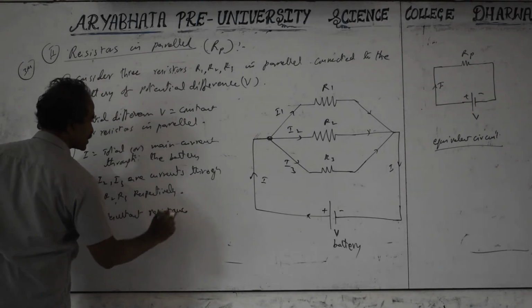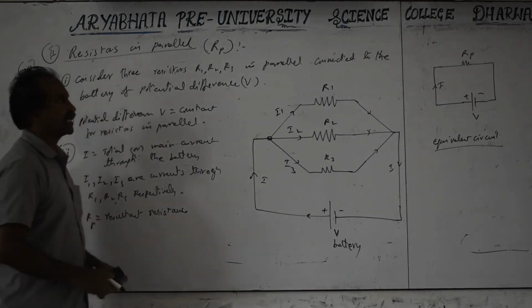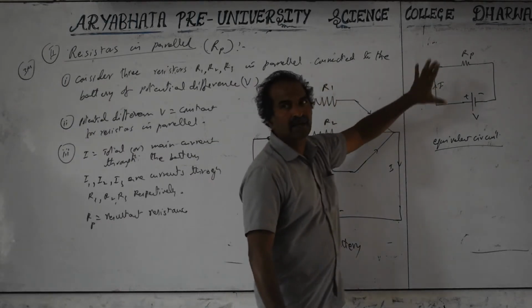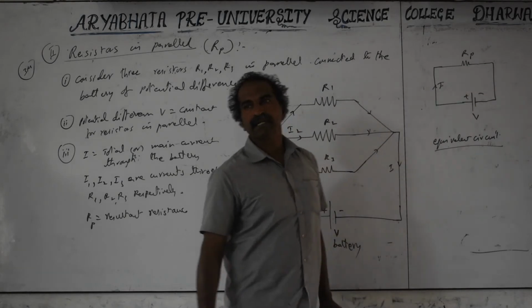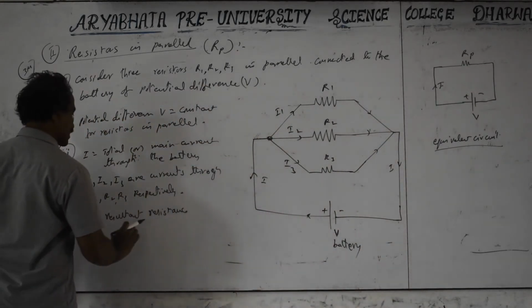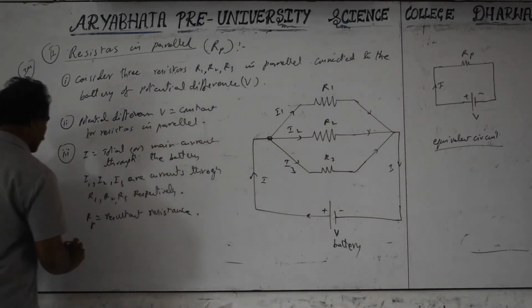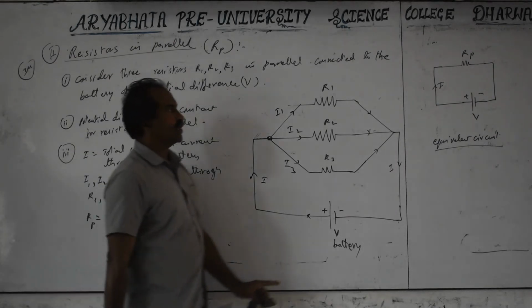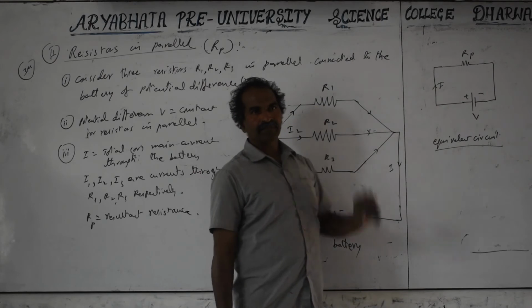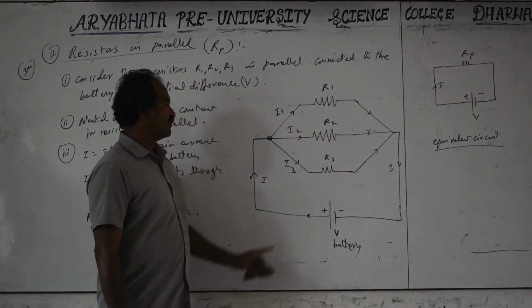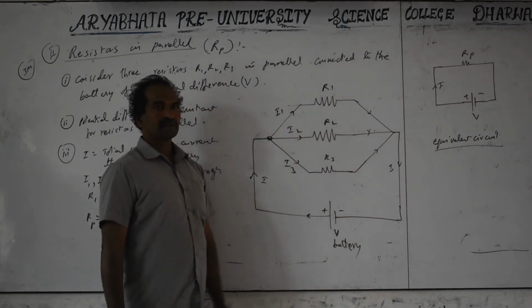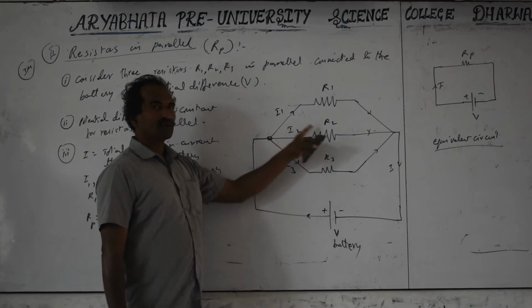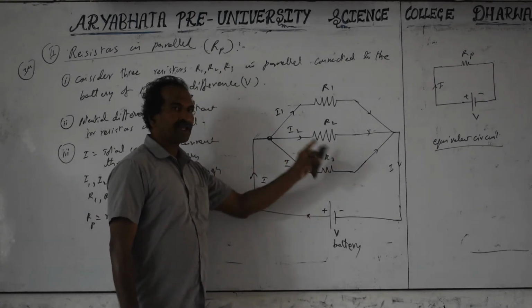What is equivalent resistance? It is a single resistance that is connected to the same battery providing the same current. It is called the equivalent or resultant resistance. Then you have to take the help of Ohm's law. What is Ohm's law? Total voltage V is equal to I into RP. Then again V is equal to I1 R1, V is also equal to I2 R2, V is also equal to I3 R3.